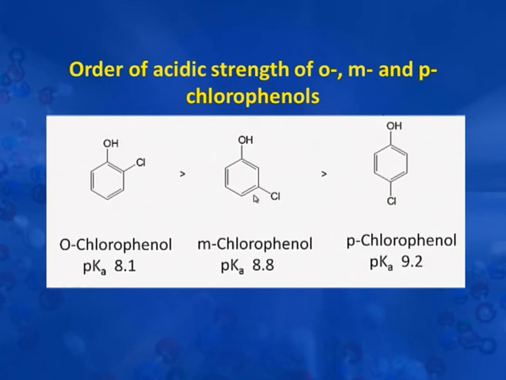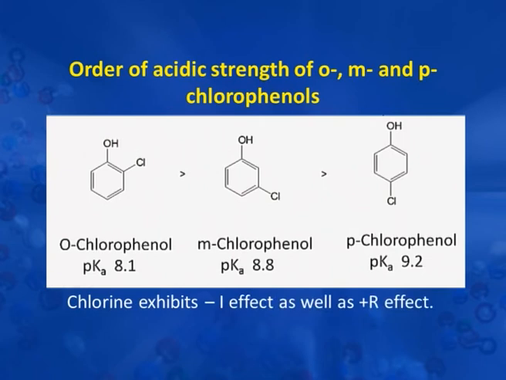Then will be metachlorophenol and then parachlorophenol. In case of chloro substituted phenol, chlorine group also shows plus R effect, but for deciding the acidic nature of chlorophenols, the inductive effect is the deciding factor and not the resonance effect, and that is why this is the order.